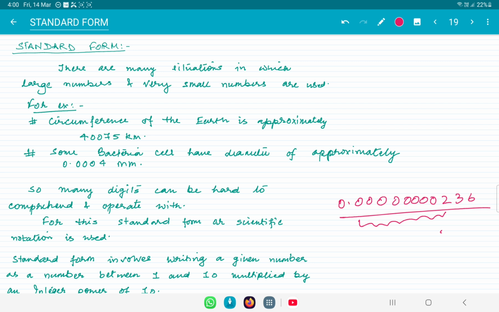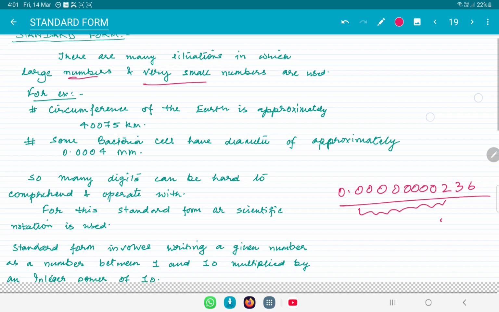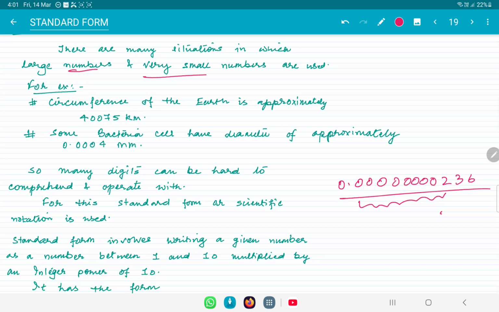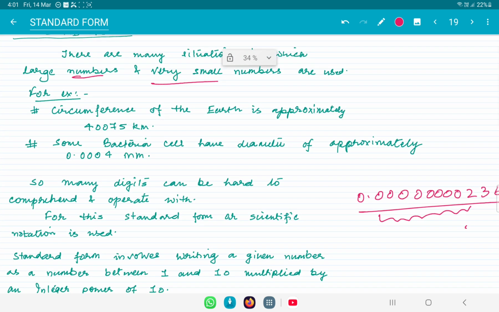It means how we write a big number or a very small number in the form of positive powers of 10 and negative powers of 10. For example, the circumference of the earth is approximately 40075 kilometers, which is very big.